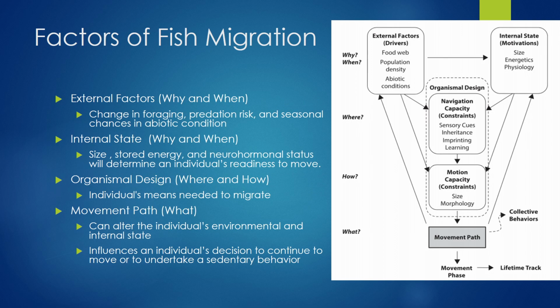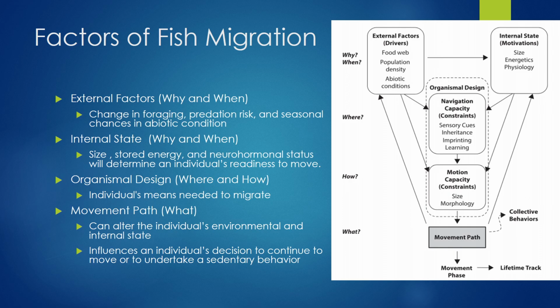So with this figure here, we're going to look at the why, when, where, how, and what factors play into fish migration. As you can see, the external factors of why and when are focused on the food web, which is the chances of foraging, and population density and predation rates, and abiotic conditions such as changes in the seasons.